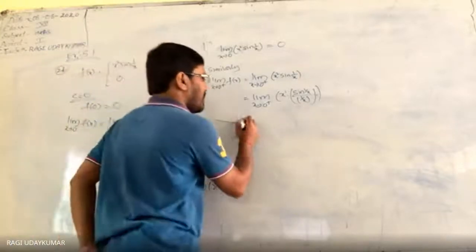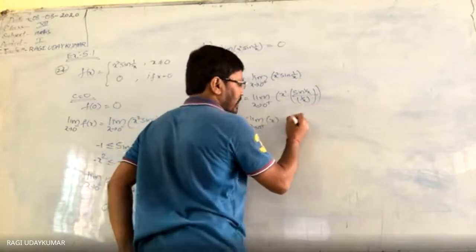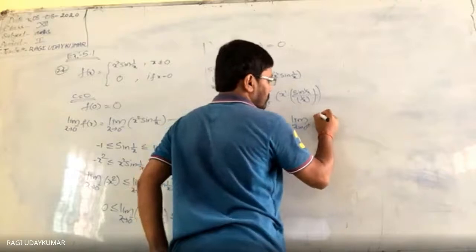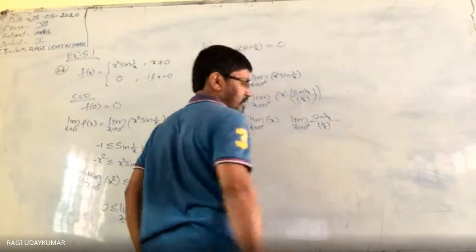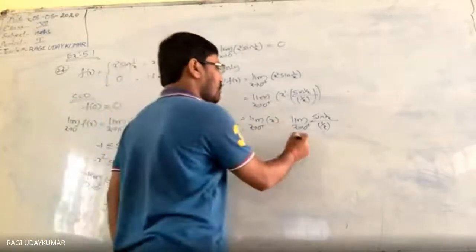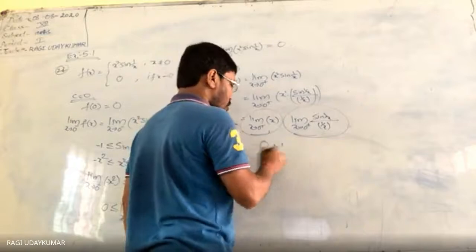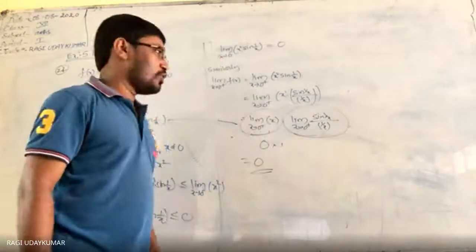Now if you split the function, limit x tends to 0 plus of x into limit x tends to 0 plus of sin 1 by x by 1 by x. This value will become 1 and the other is 0. 0 into 1 is again 0. In that way you can do it.